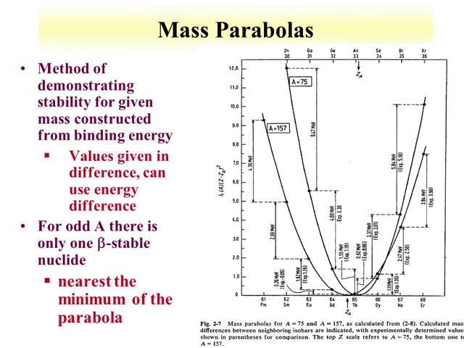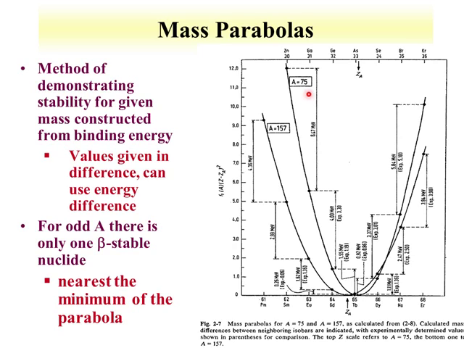Another way of demonstrating trends in data is with mass parabolas. This is a route of establishing which isotope has stable constituents. What one can do is plot some energetic term, basically differences in energies, against Z for a given A. And here's some data, mass parabolas, for A equals 75 and A equals 157.